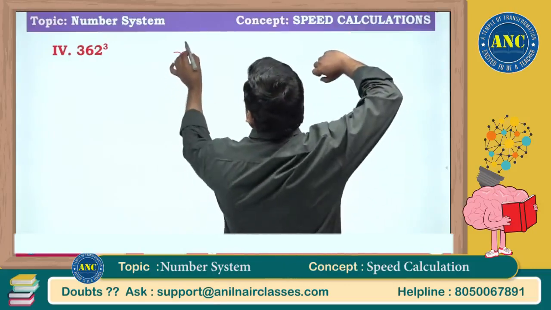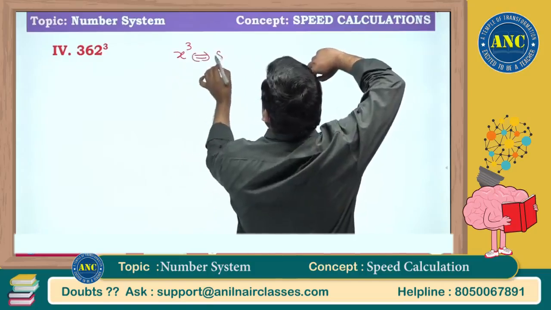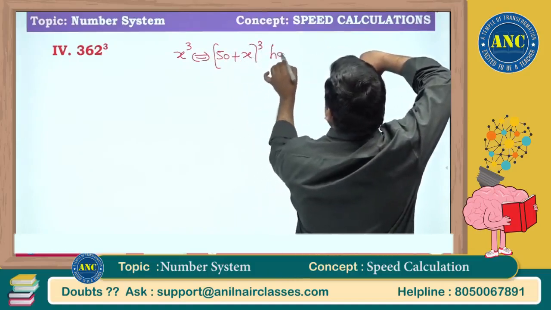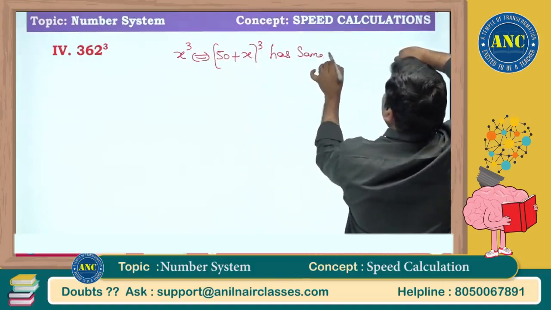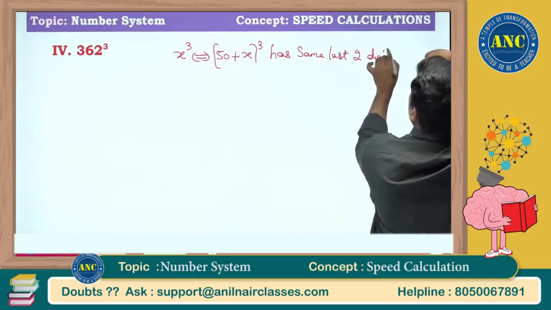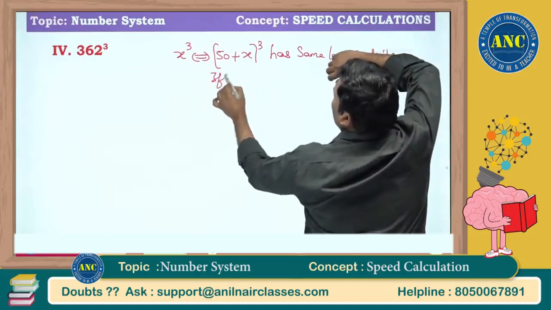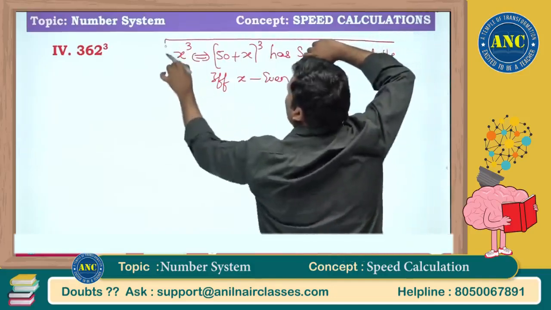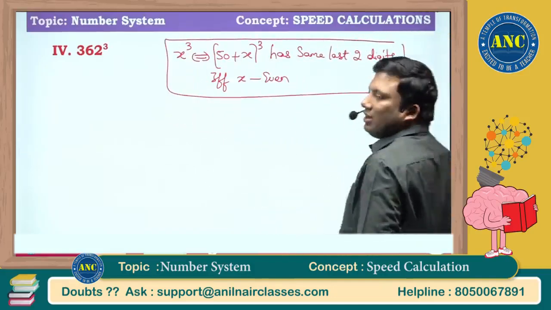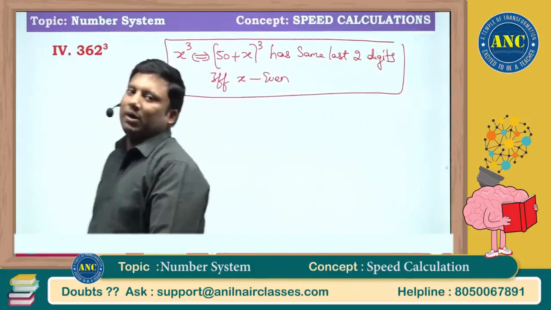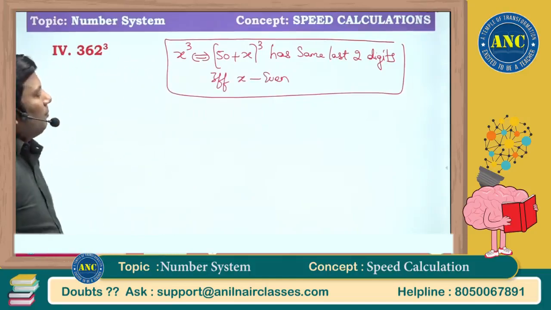What is that I discussed? x cube and 50 plus x whole cube have the same last 2 digits, only if x is even. When x is even, they both have the same last 2 digits.